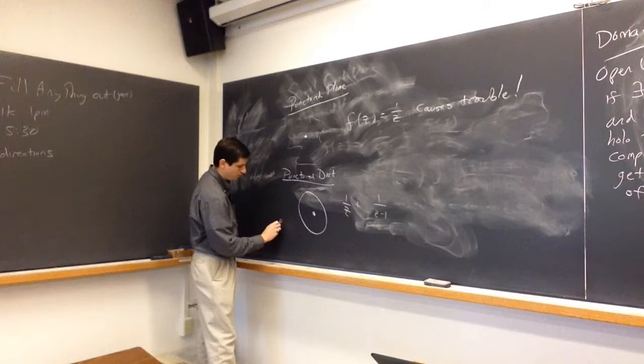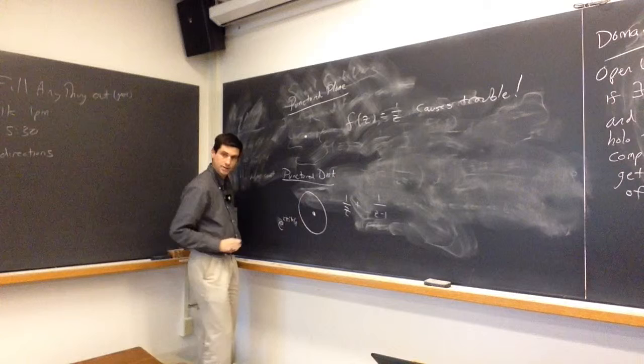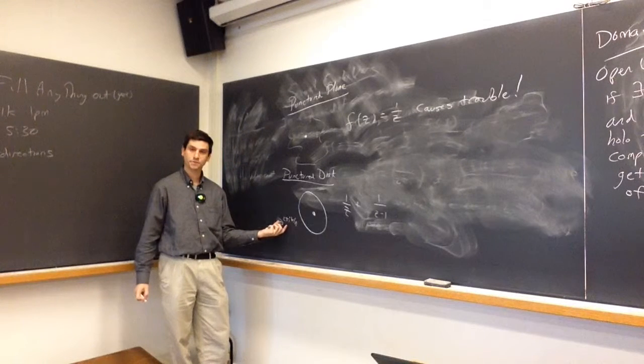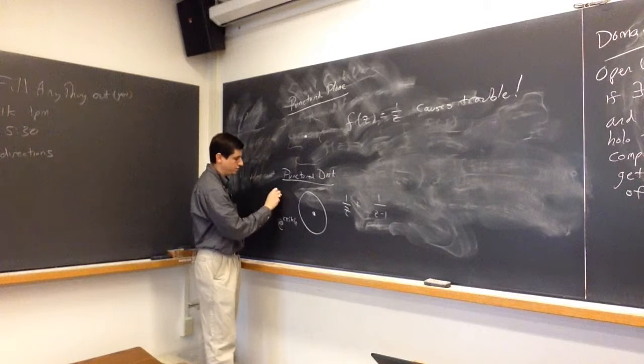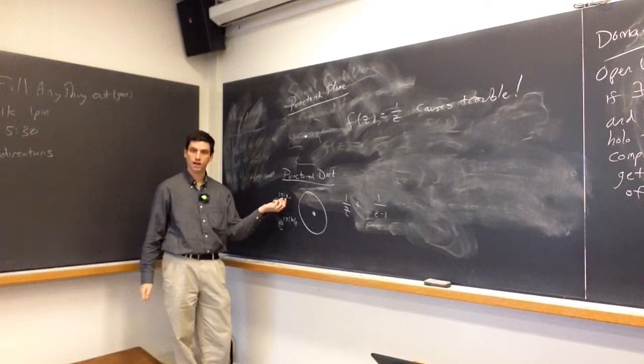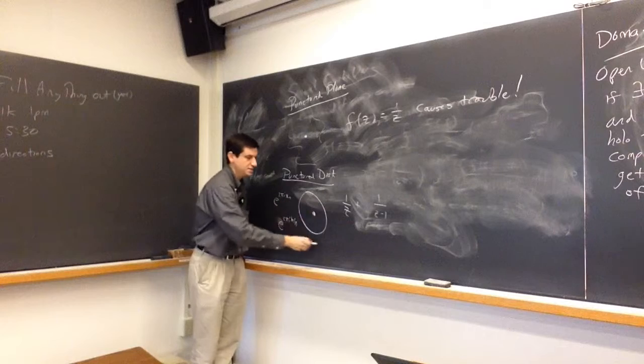So, e to the 2 pi i k over n. If you raise this to the nth power, this is going to be 1. Or another thing you could do is you could look at e to the 2 pi i x_n, where x_n ranges over all rational numbers. And that will give you a dense set on the boundary.